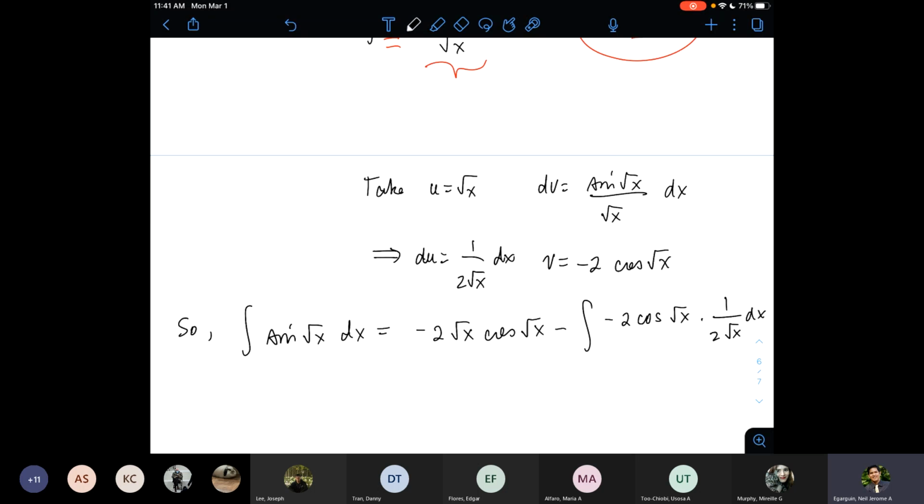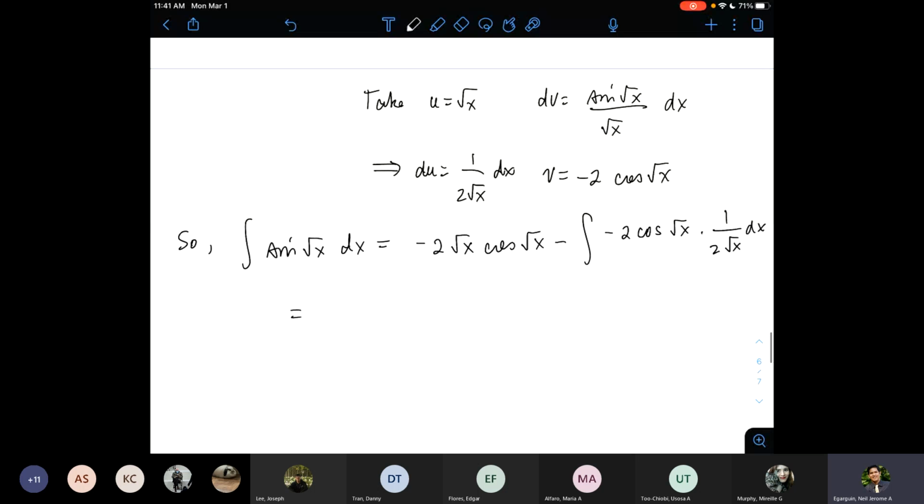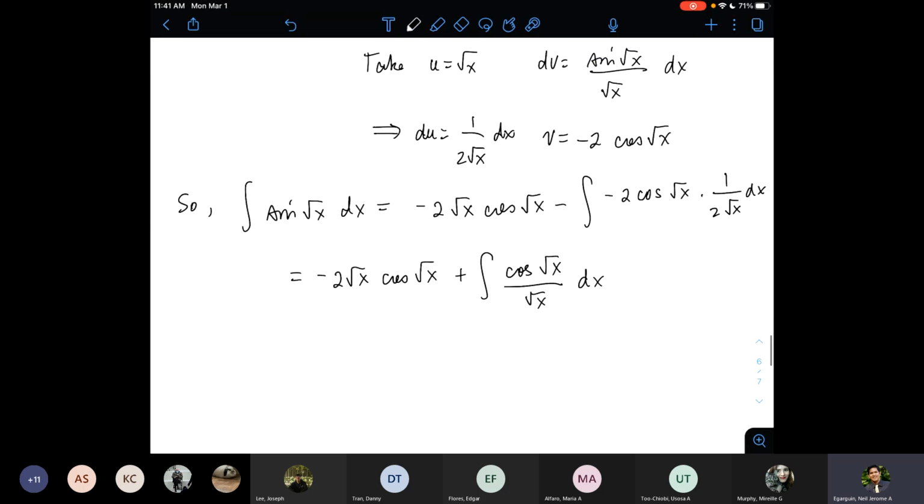I forgot the dx here. And this is negative 2 root x cosine root x plus integral of cosine root x over root x dx, right? And then now on this part, I can do u substitution.